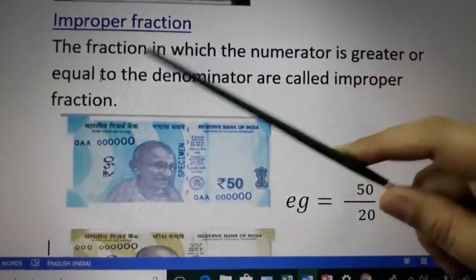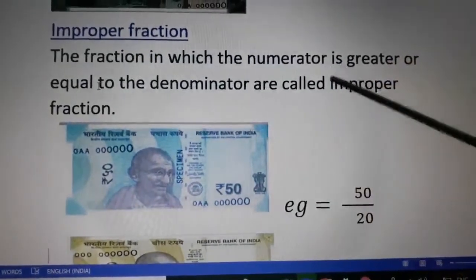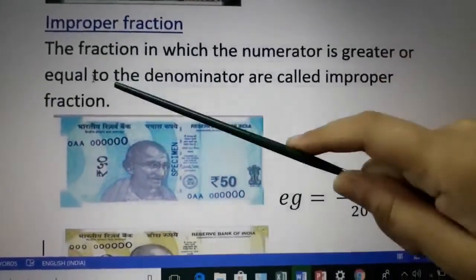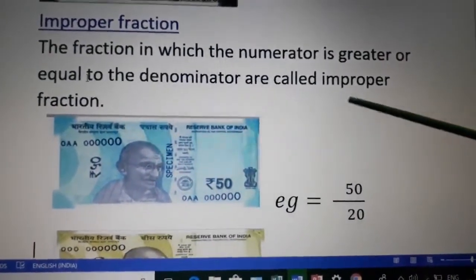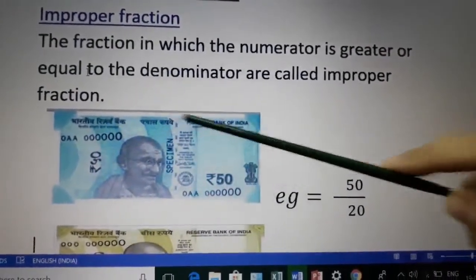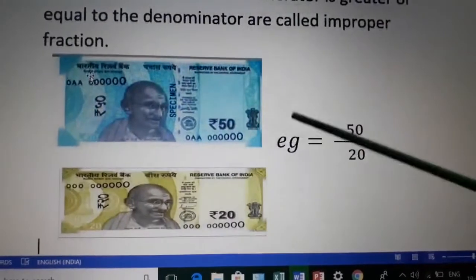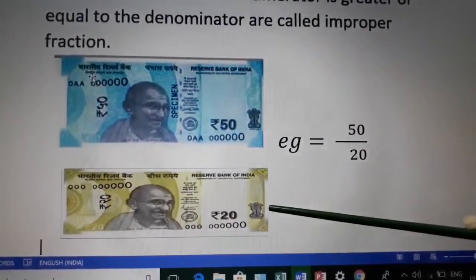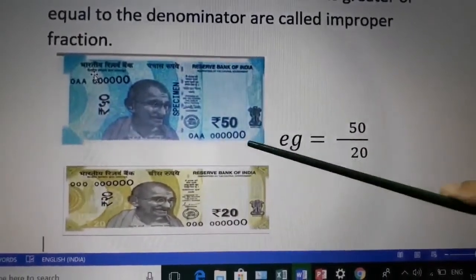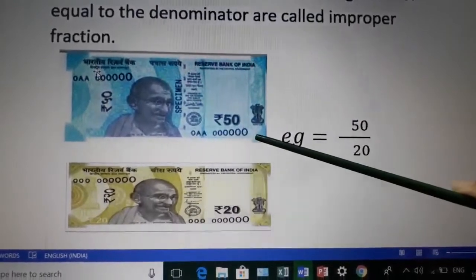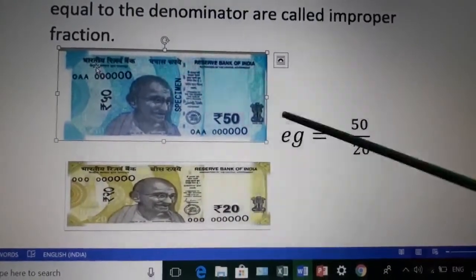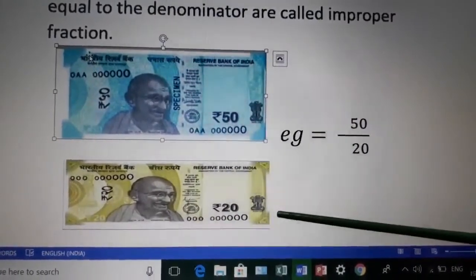Improper fraction. The fraction in which the numerator is greater or equal to the denominator are called improper fraction. Now suppose, for example, your mummy gives you 20 rupees and you want to buy a toy for 50 rupees. So it is improper. You cannot buy a toy for 50 rupees when you have only 20 rupees.